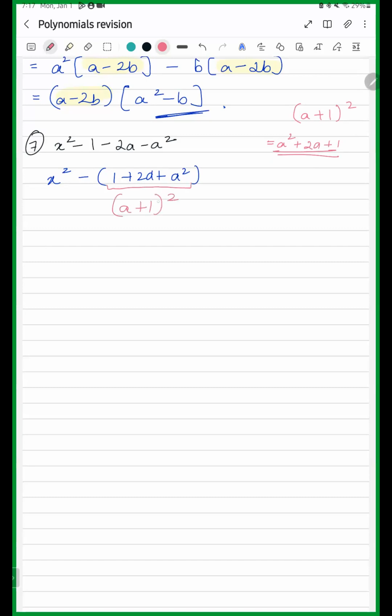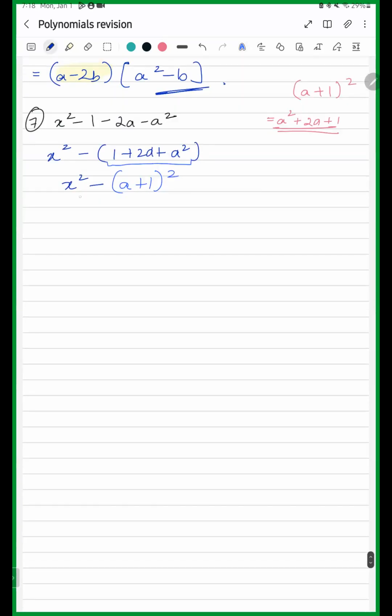So this is x square minus a plus 1 whole square. Now, does this remind you of something? This is like how we had a square minus b square, something square minus something square. Here it is x square minus some bracket square.